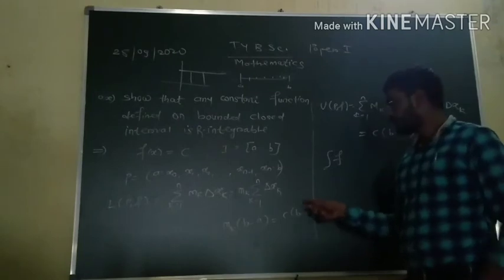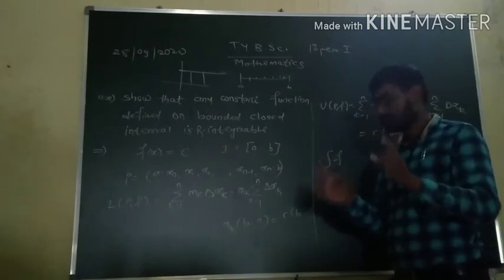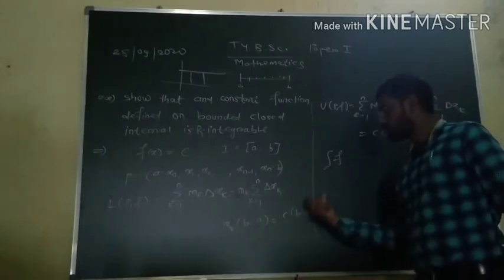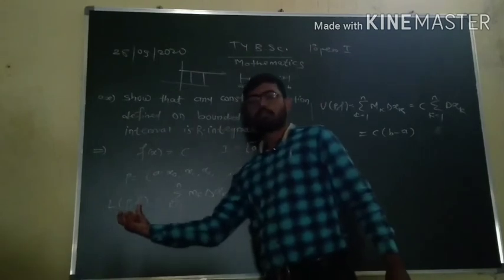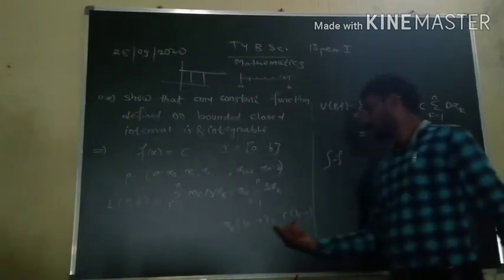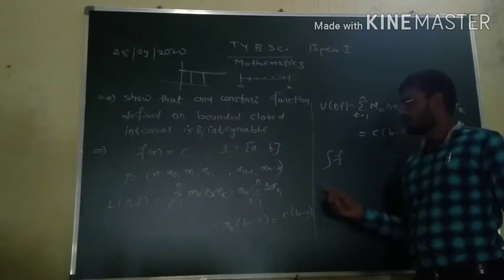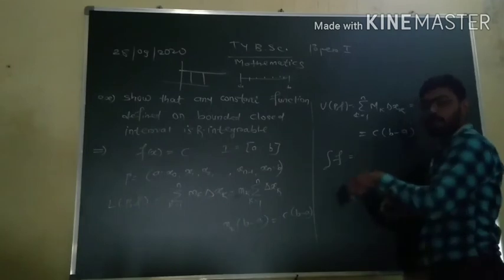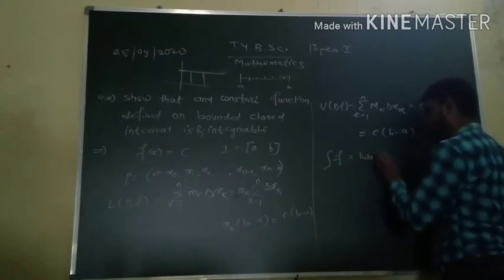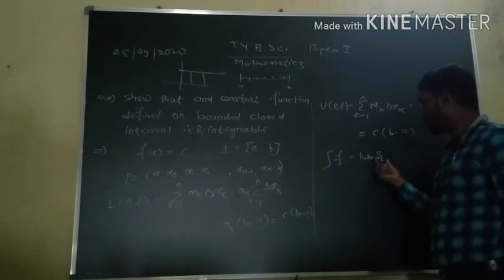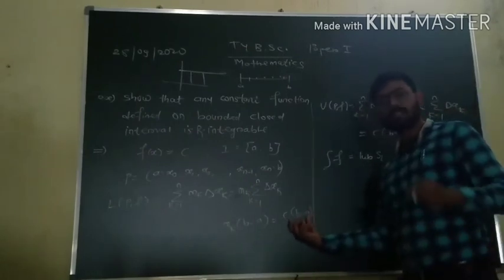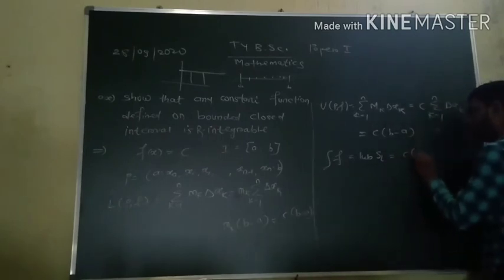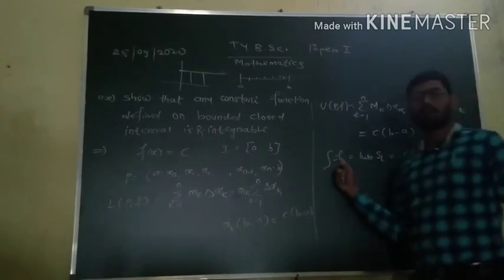So the set SL, the set of all lower sums, contains only this fixed element c into b minus a. So the least upper bound is also c into b minus a. So this is the lower integral.